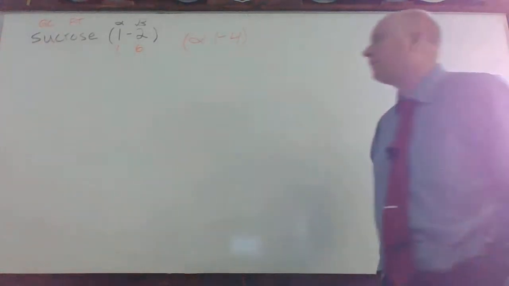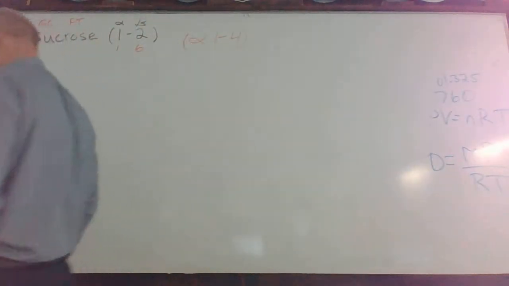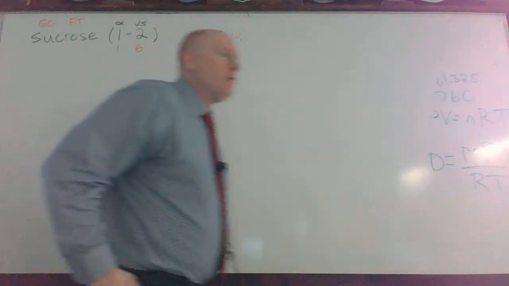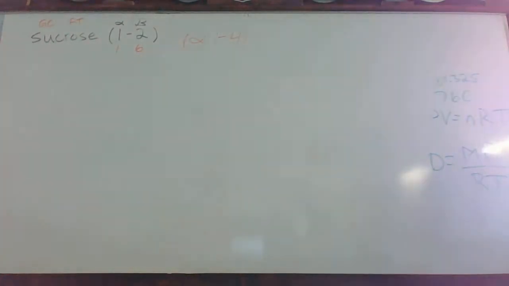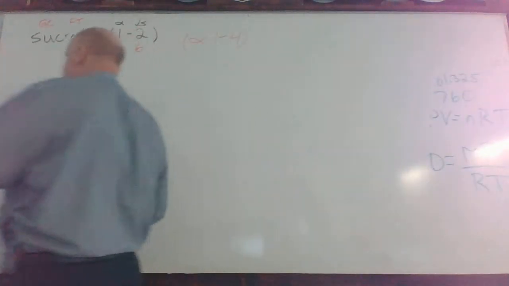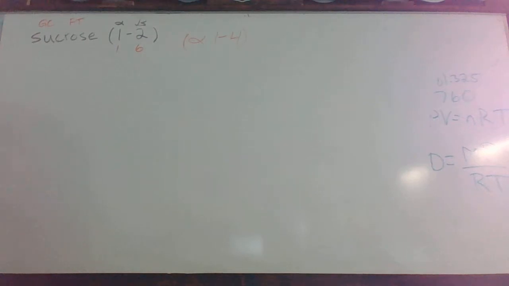Okay, so should we keep it simple and say that these are measured at STP, or do you want to see the ideal gas law? Ideal gas law. Okay, so we'll just make this an ideal gas law application then.